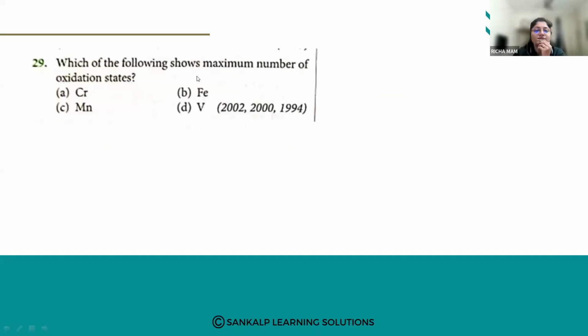Which of the following shows maximum number of oxidation states? A. Chromium, B. Iron, C. Mn, and D. Vanadium.